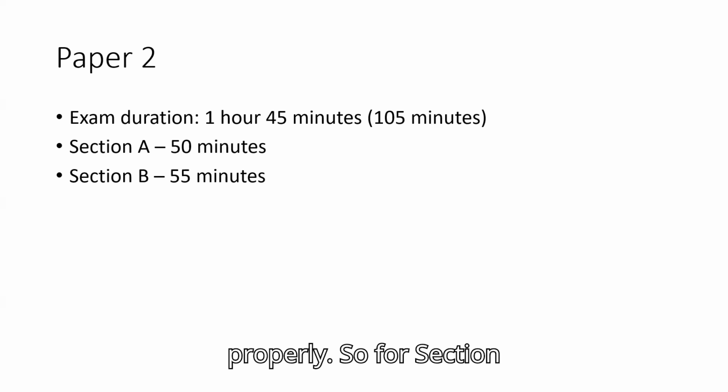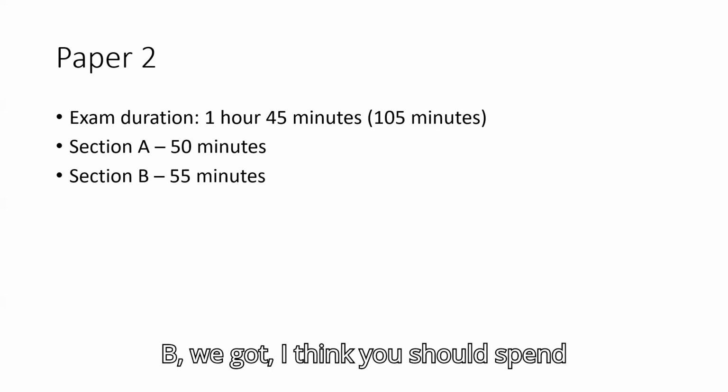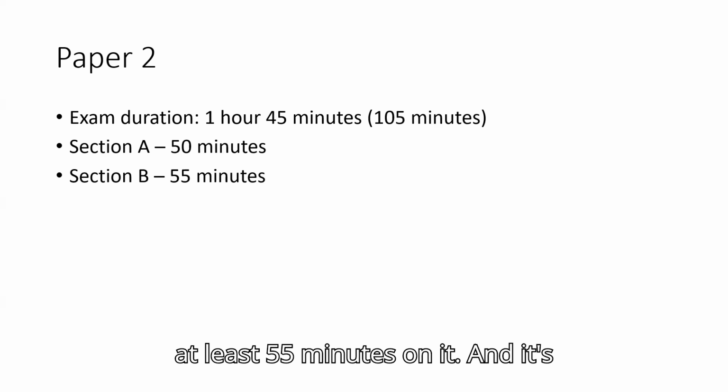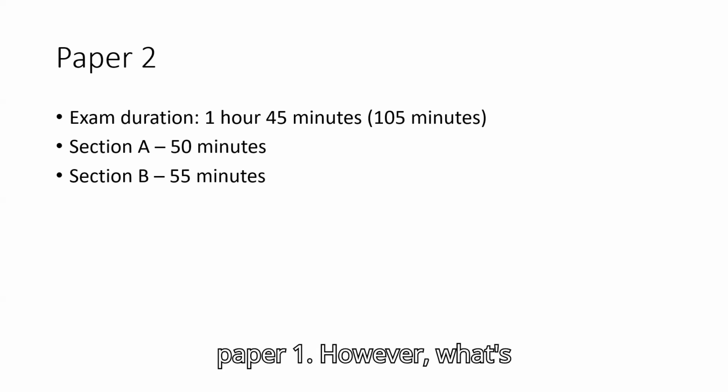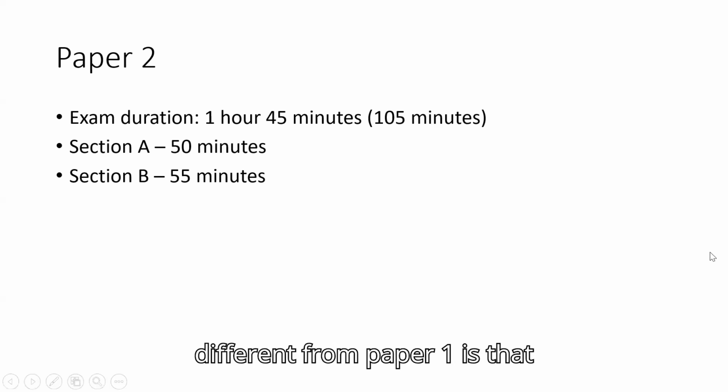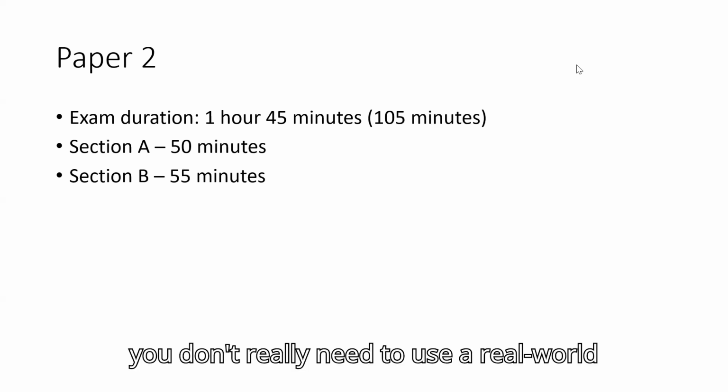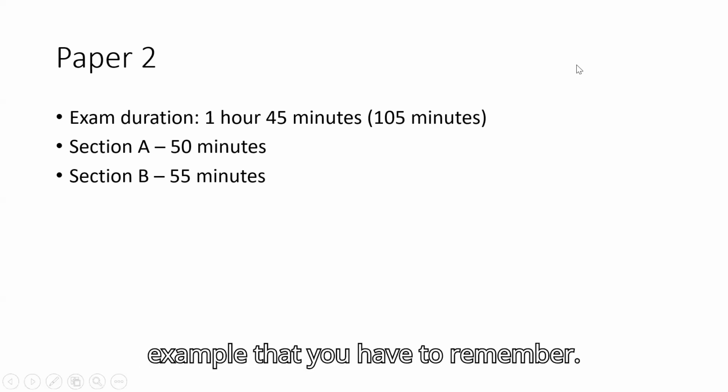For section B, I think you should spend at least 55 minutes on it, and it's also a 15-mark question just like paper 1. However, what's different from paper 1 is that you don't really need to use a real-world example that you have to remember.